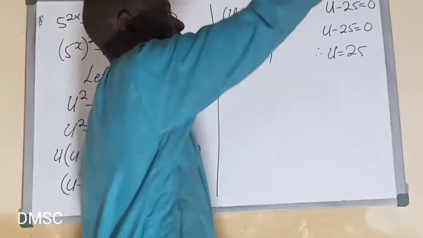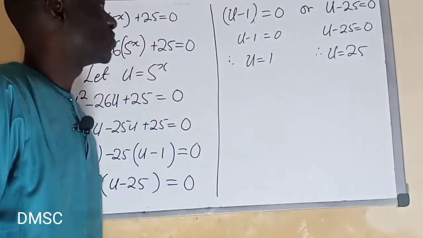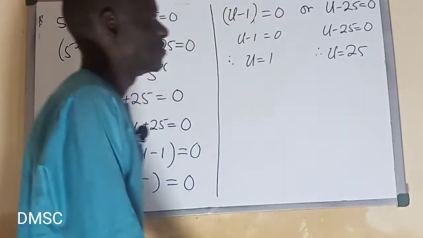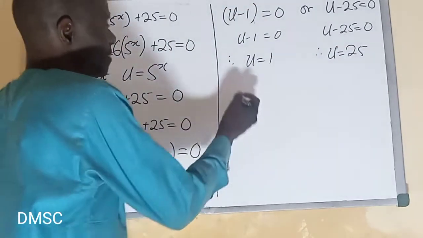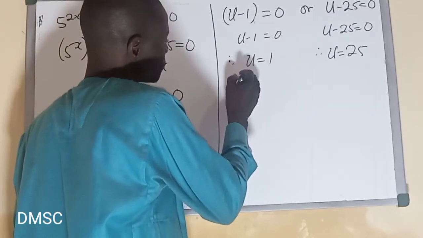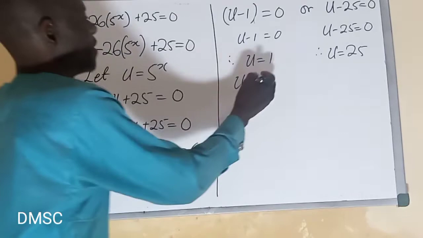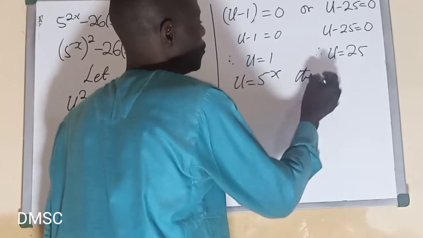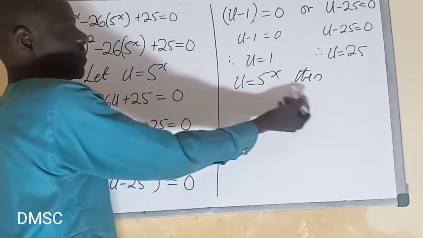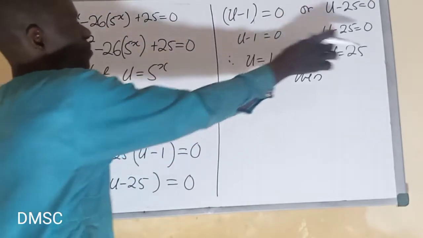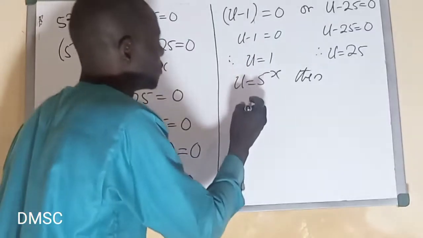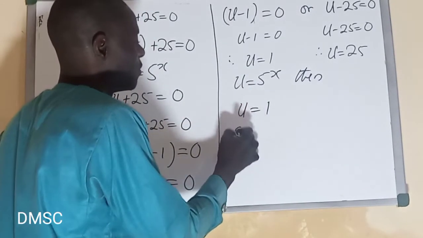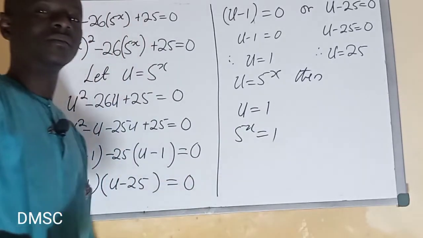So we have u = 1 and u = 25. But remember, u = 5^x. Do we remember? Yes. Then we substitute u = 5^x. For u = 1, therefore 5^x = 1.